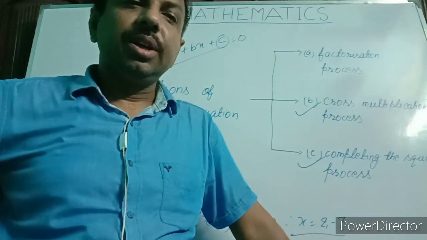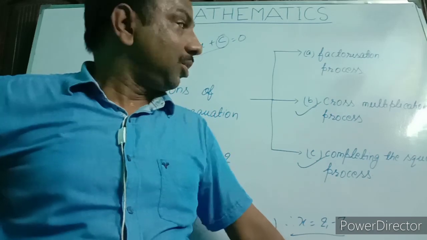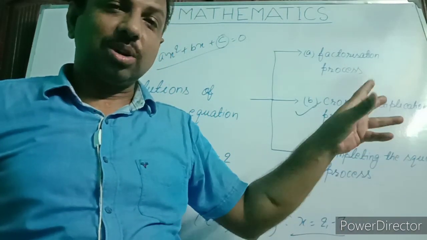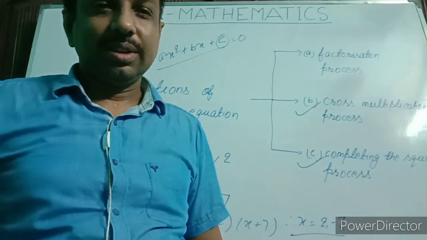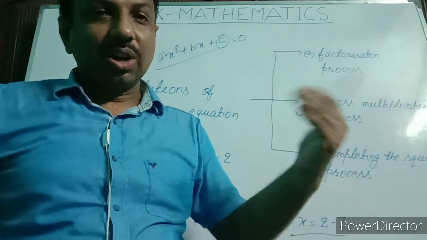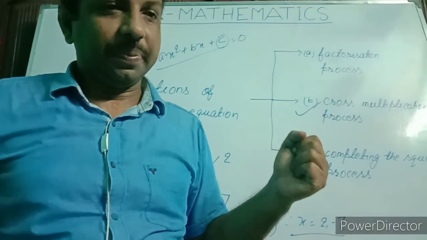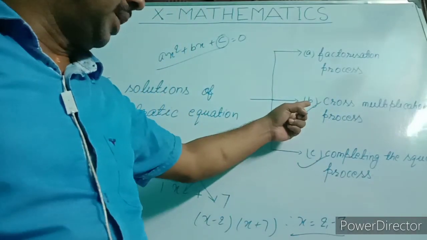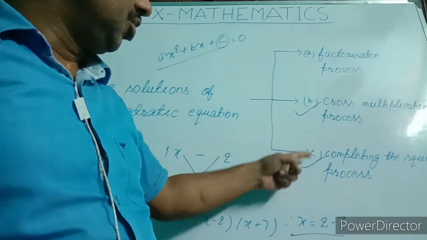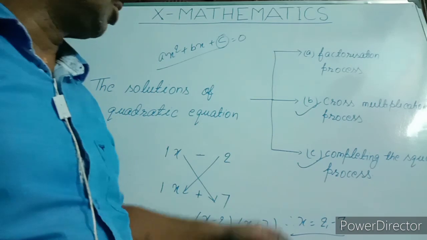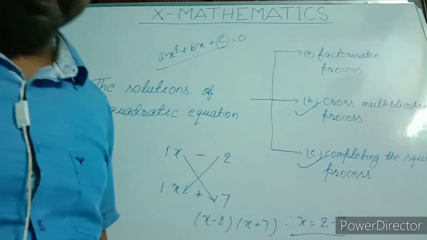From the question you will get an idea which process will be the best to apply to solve that quadratic equation. Let us see. So today we will practice these two tricks, the cross multiplication process and the completing the square process, to solve the quadratic equation.